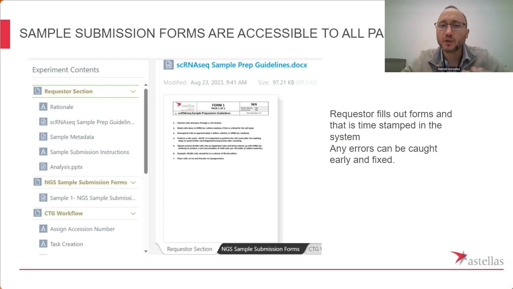Before, we would have paper documentation, and if there was an error, we had to run and try to find whoever was the requester, and then try to get them to fix the form. Or if it was somebody from, for example, Japan, that might take a little bit longer, but now we don't have to worry about this because everything is online.